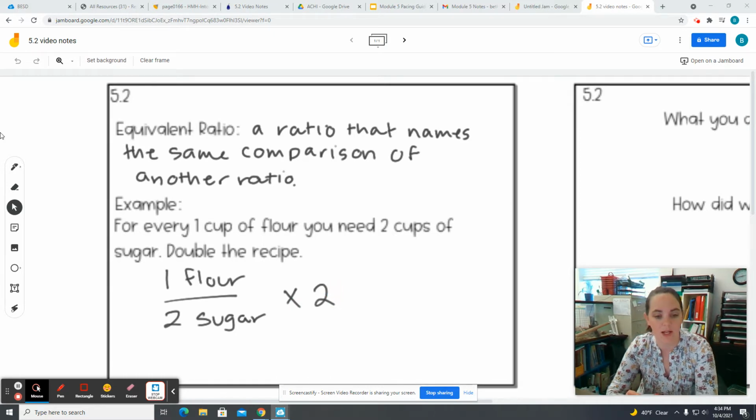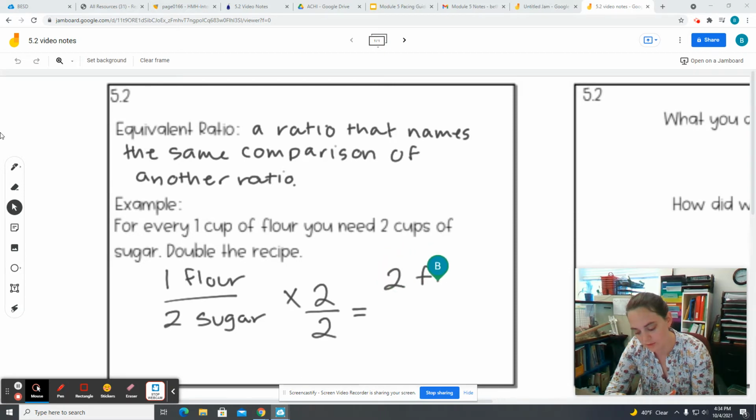Okay? And what that's going to look like is we're going to multiply the bottom and the top like that. So if we multiply 1 flour, that's going to be 2 cups of flour. And then 4 cups sugar.